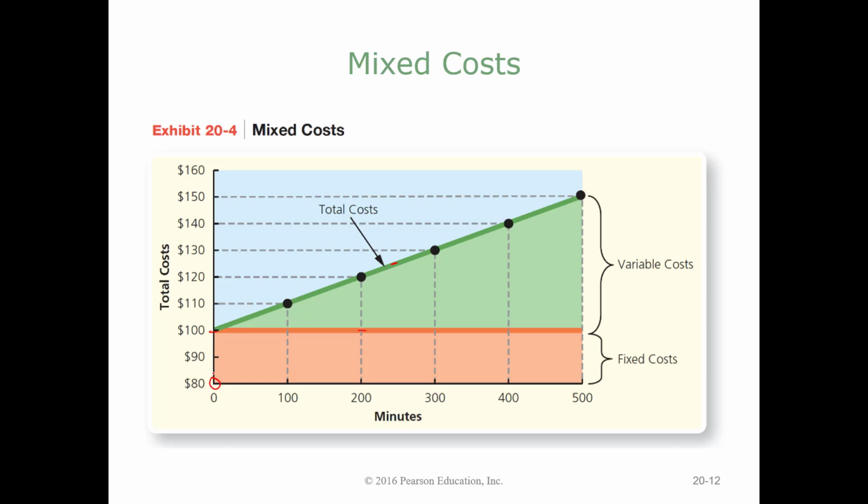If I'm going to produce, then I will be costed the other material, labor, variable overhead that is related to the production. So actually here, I will start by the fixed cost, and then I will start the variable cost from here, and then I will go up. So actually this part is representing the fixed, this part is representing the variable. The total cost is the addition of both.